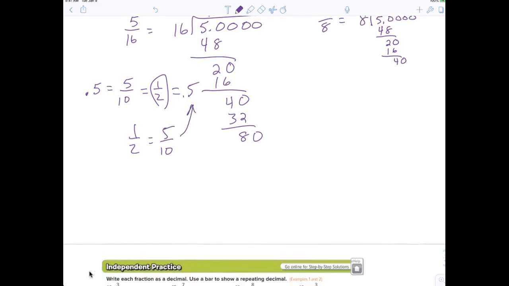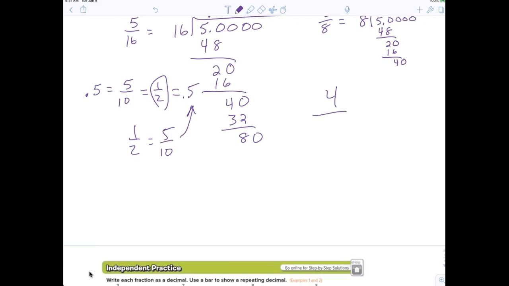Same thing when I said to you, for example, 4 over 25. I just want you to know that's 0.16. How do I know that? Because if I multiply by 4, that makes it 16 out of 100. And 16 over 100 is what decimal? Say it again. 0.16.